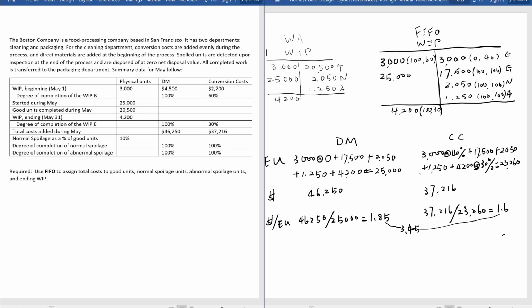So finally, we can assign costs to different types of units.